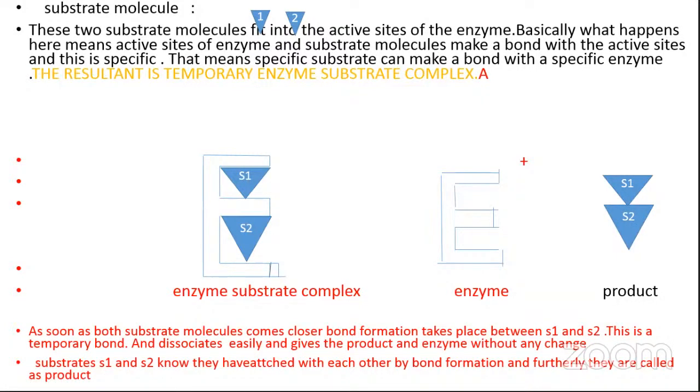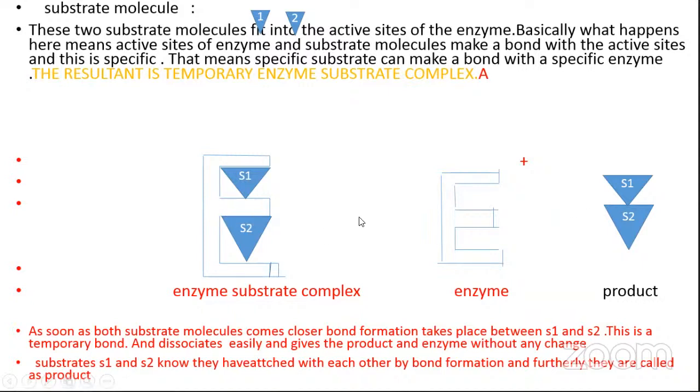During this temporary substrate complex stage, the substrate molecules bond with one another. They combine and react with one another and get a bond between them. That means both the substrate molecules are attached to one another. By that, a new product will be produced by this enzyme reaction effect.